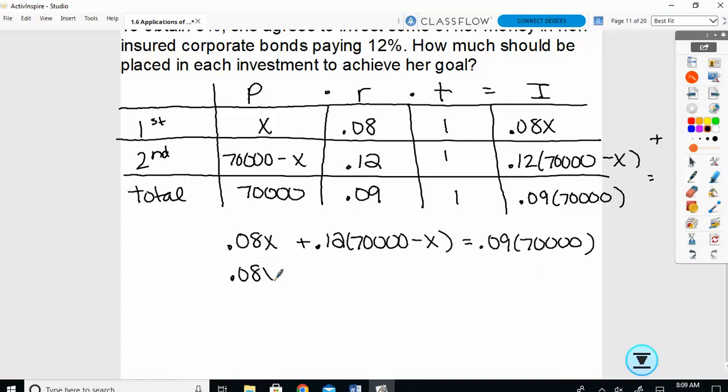Alright, so we have 0.08X plus 0.12 times 70,000 minus X equals 8,400. You notice, just like yesterday, when you're looking at these rates, you put your high and low together and your total one should fall in between them, the same as when we did our mixtures.